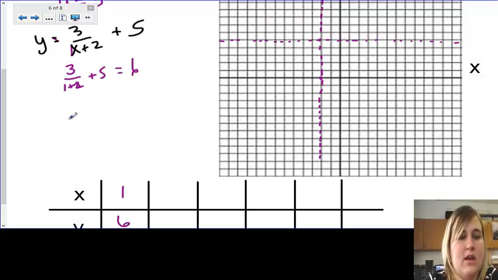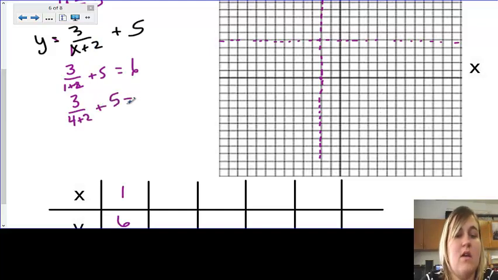If I plug in, let's go 3 over, this is a 2, right? 3 over 4 plus 2, all plus 5. That's going to give me 1/2 plus 5, so 5.5. So if I plug in 4, I get 5.5.